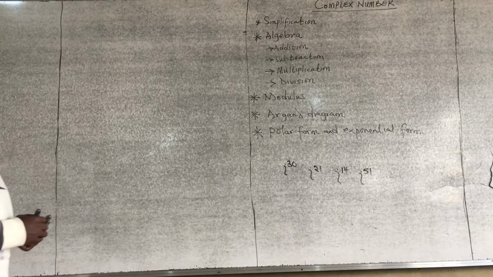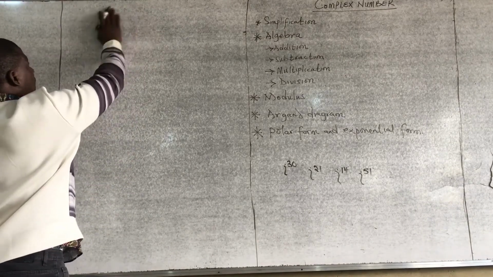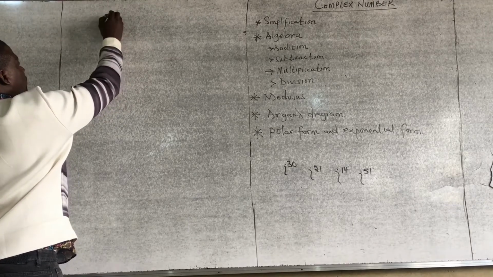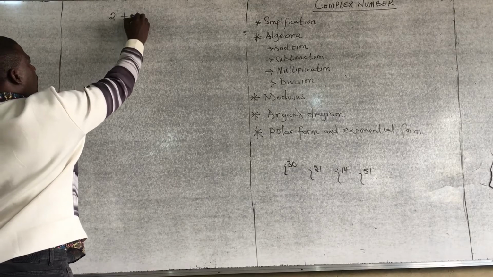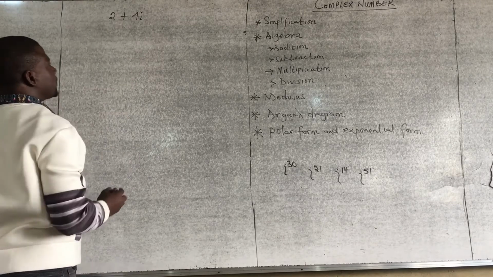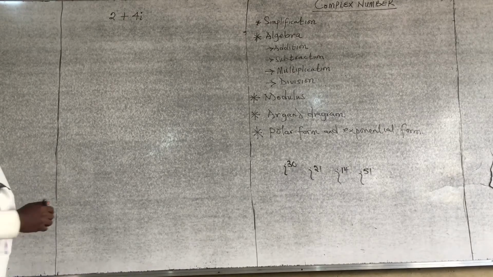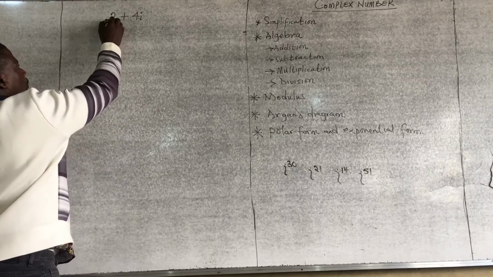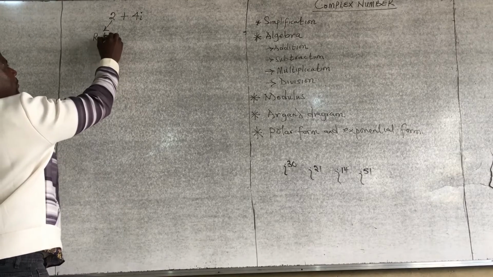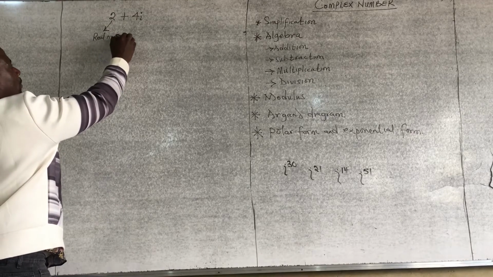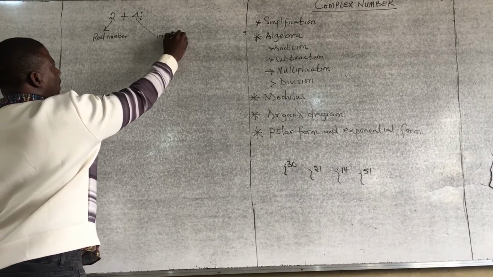Okay, so now we are looking at algebra of complex numbers. Let's take for example, if I have 2 plus 4i, we have something like this. So this we call the real number, and this number with i, we call it the imaginary number.